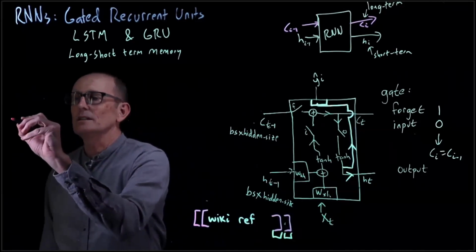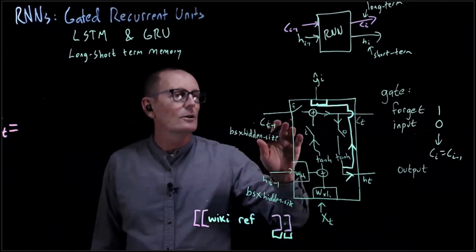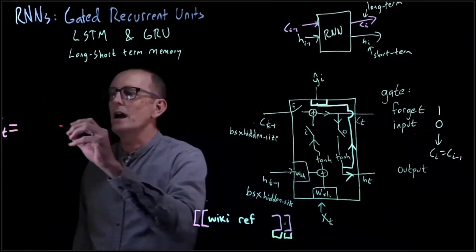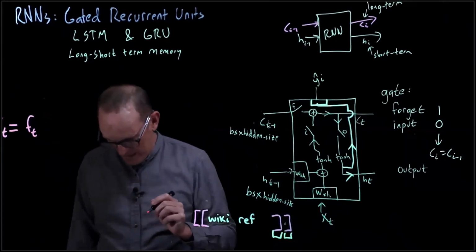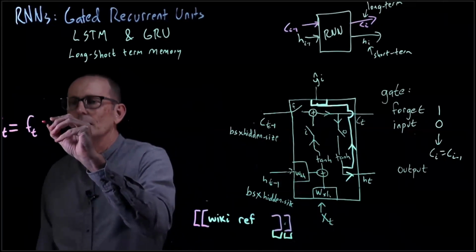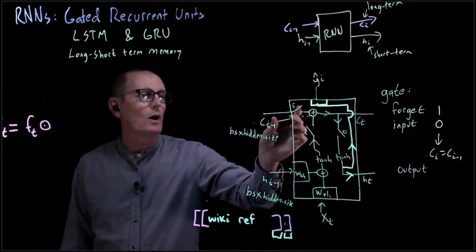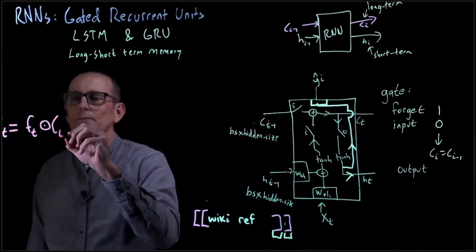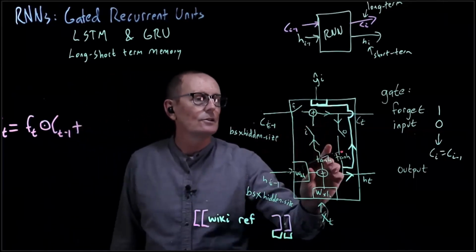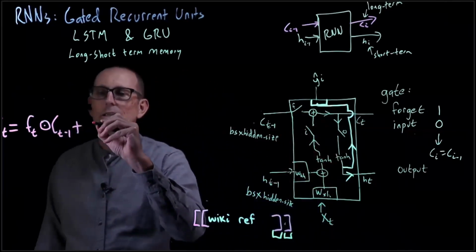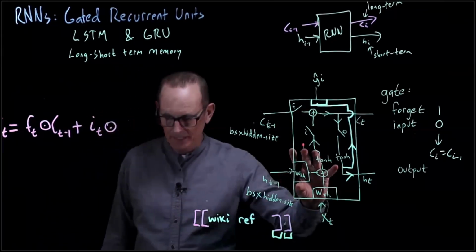So we are basically going to say that C sub t is going to equal, well, we're going to combine together C sub t minus 1 and F. So we're going to take F sub t and multiply that element-wise by C sub t minus 1. And then we'll add in the I sub t Hadamard product with this computation, right?